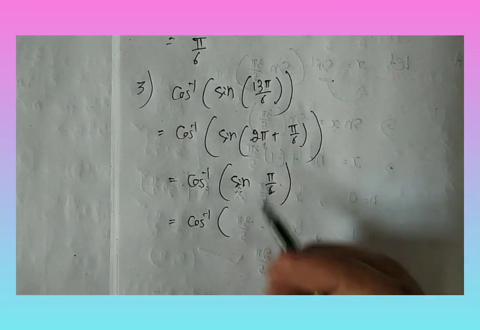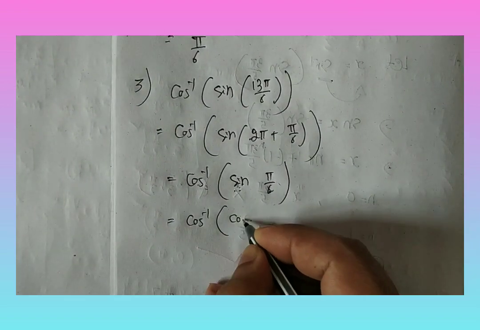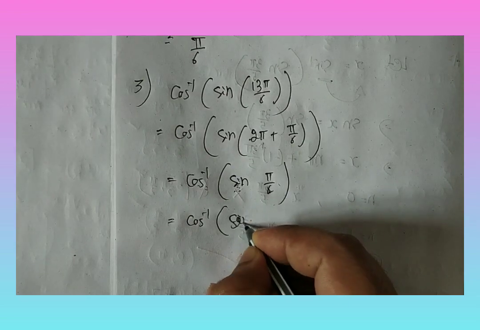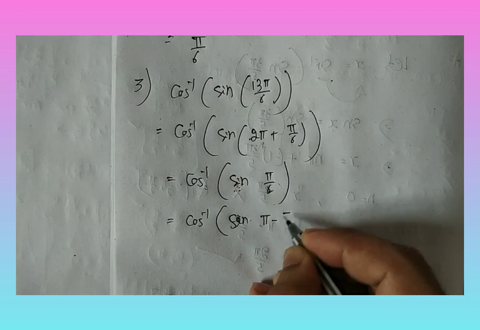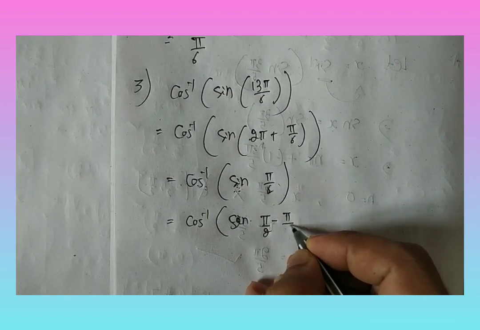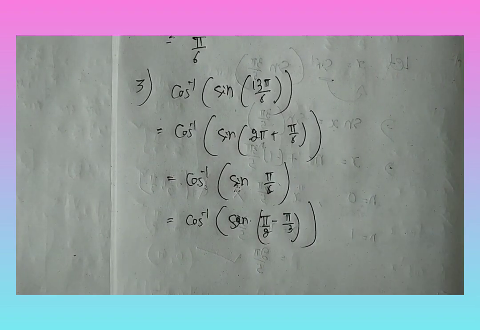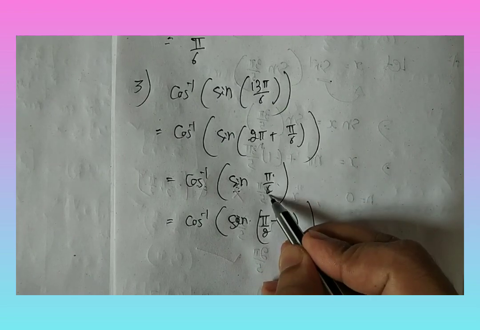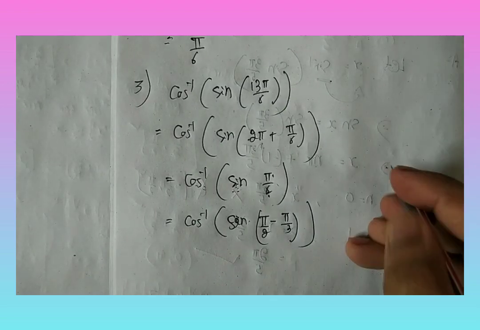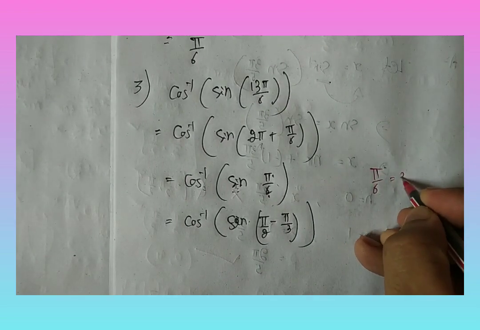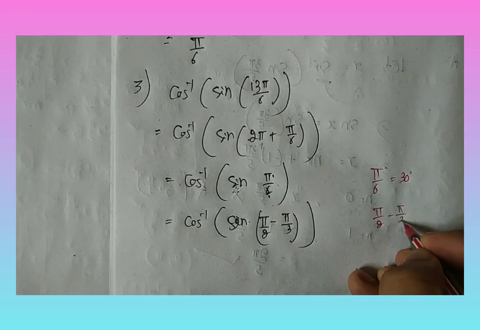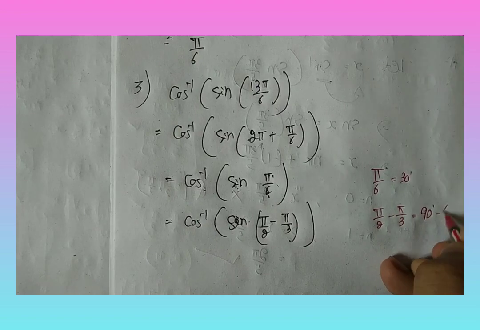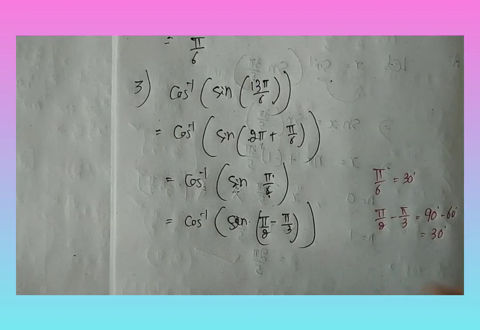Now we can write sin, and instead of writing pi by 6, we can write pi by 2 minus pi by 3. Yes or no? Pi by 6 means the angle is 30, and pi by 2 minus pi by 3 means 90 degree minus 60, which is equal to 30 degree.